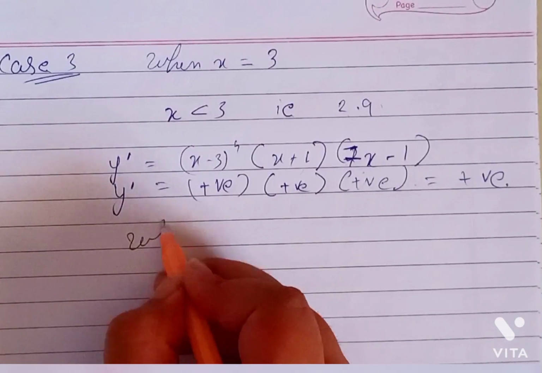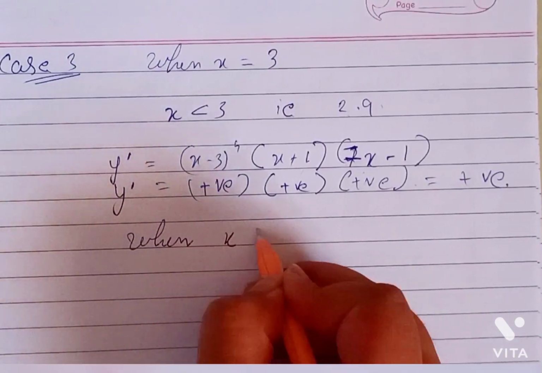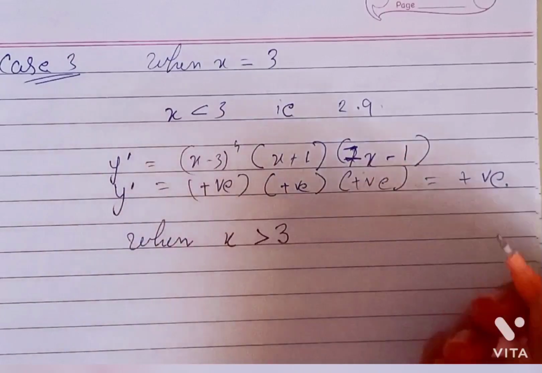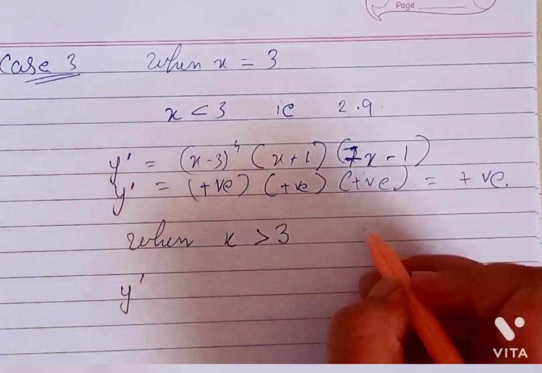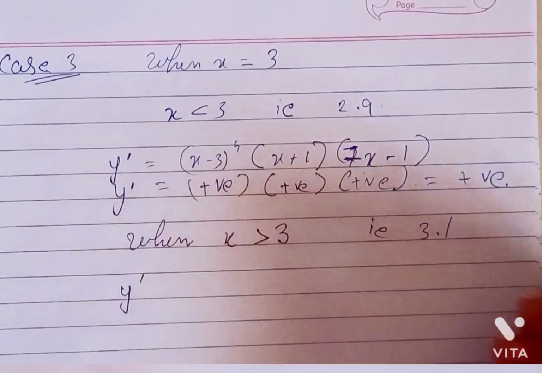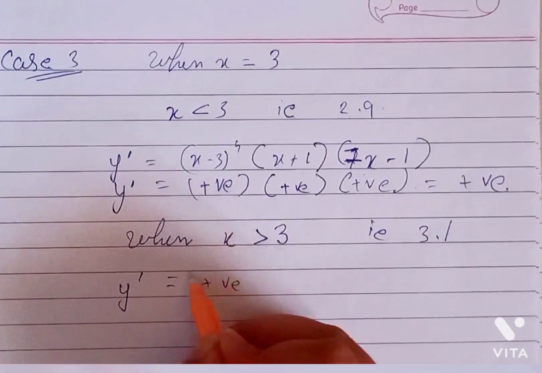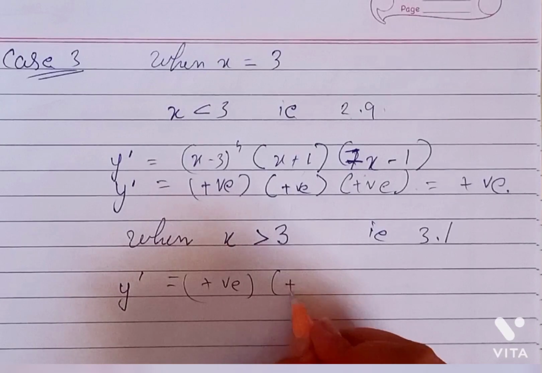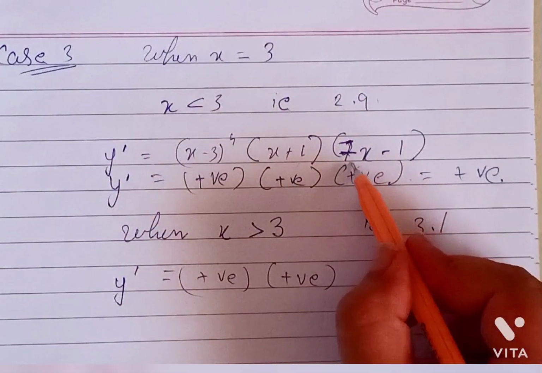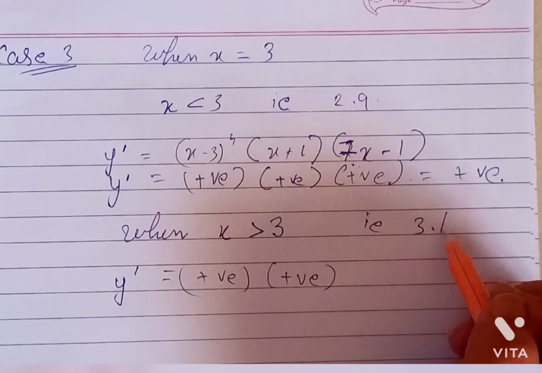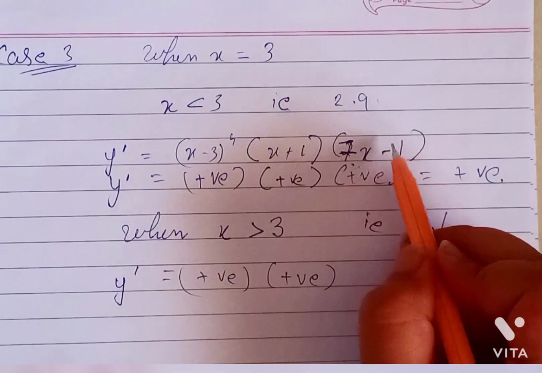Now next, when x is greater than 3. Alright, so putting into y dash, I'll suppose 3.1. Putting into y dash, this will be positive only. This will also be positive. And 7 is already positive, and this is also going to multiply with this, so it would be greater than 1.